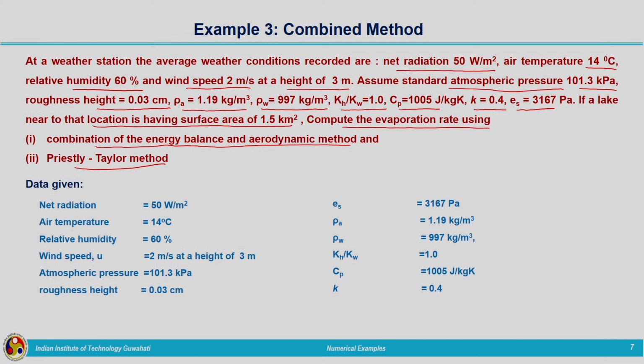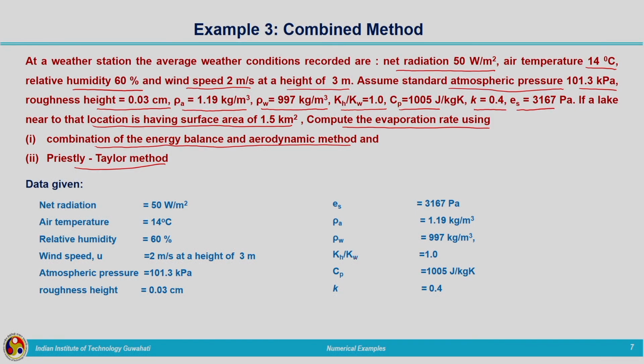Then saturation vapor pressure, density of air, density of water, and the ratio of the diffusivity coefficient related to heat diffusivity and also the vapor diffusivity. So, Kh by Kw can be assumed as 1, Cp is equal to 1005 joules per kilogram Kelvin and the von Karman coefficient K is equal to 0.4.